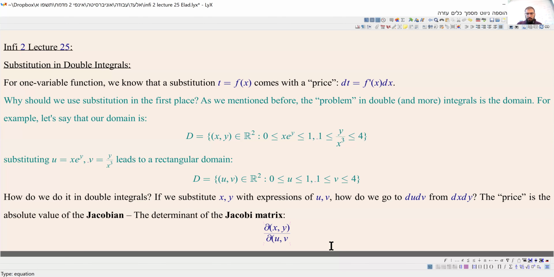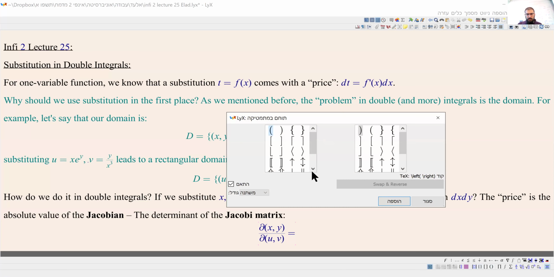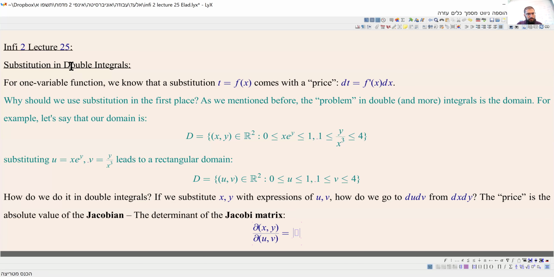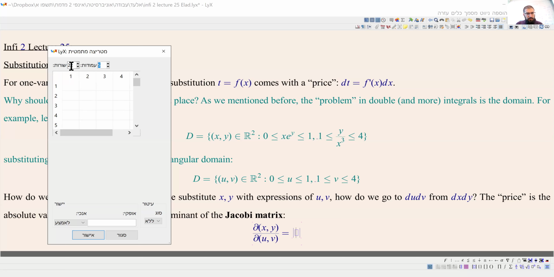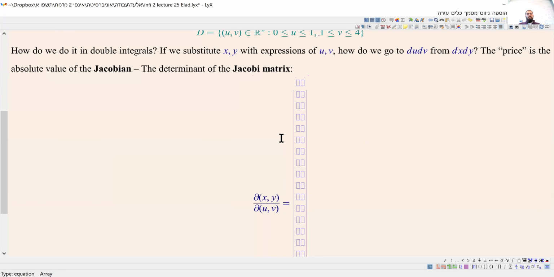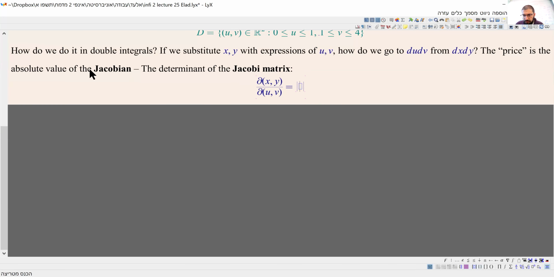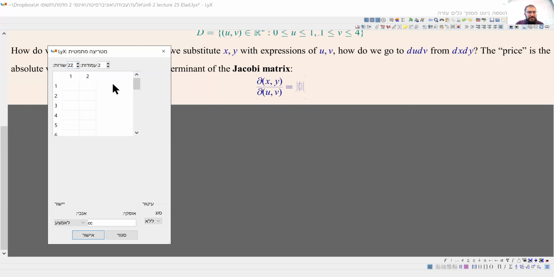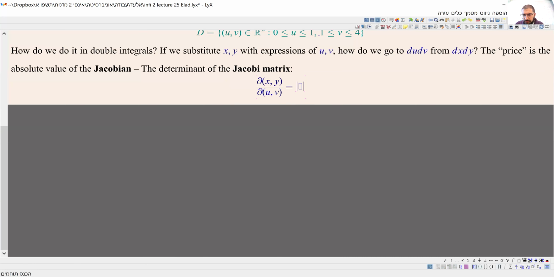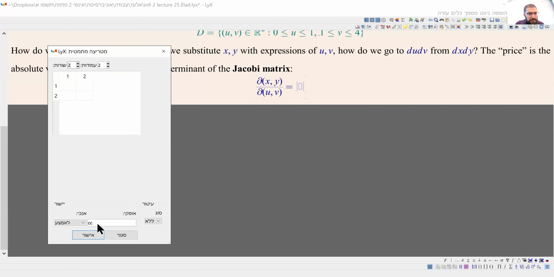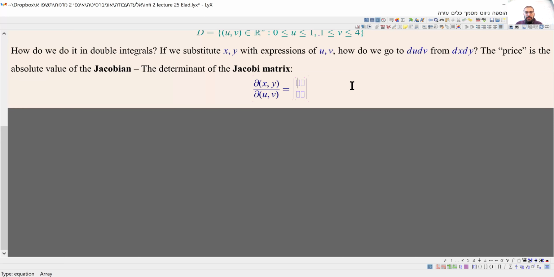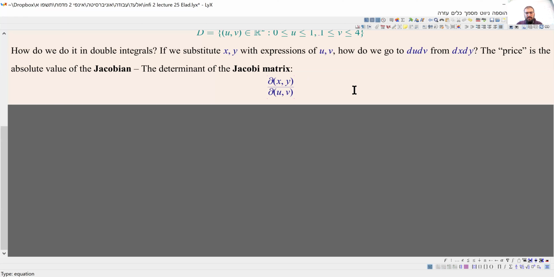It is a 2 by 2 matrix in which we write the derivatives of x and y by u and by v. So it is a 2 by 2 matrix. x by u, x by v, and this is the matrix. It's not the determinant.